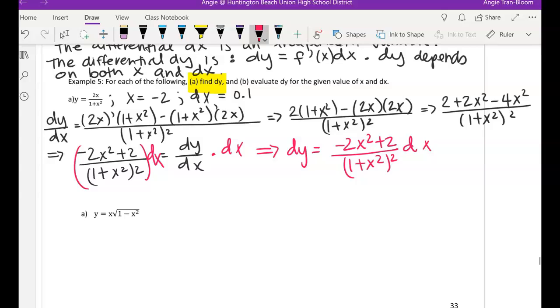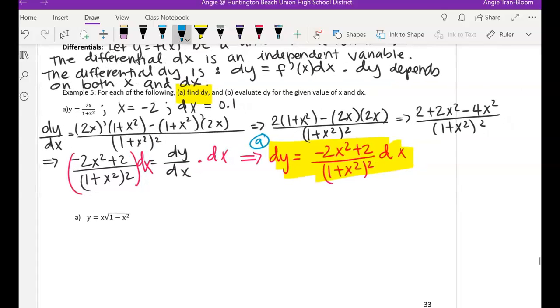So that's what we box up for part A. Voila! Now part B, we just have to plug in what x is and what dx is. So give me the change in y. dx is a small change in x, and dy is a small change in y.